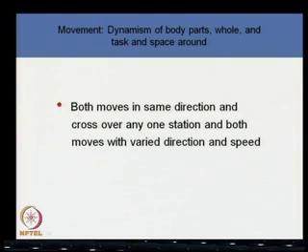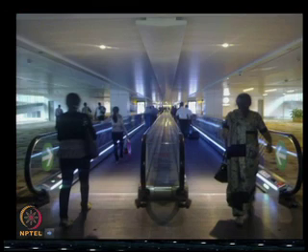Now, we can say that both move in the same direction, that we said, and cross over at any one station, and both move with varied direction and speed, the person and the object. So, with that we can see this airport horizontal conveyor belt.